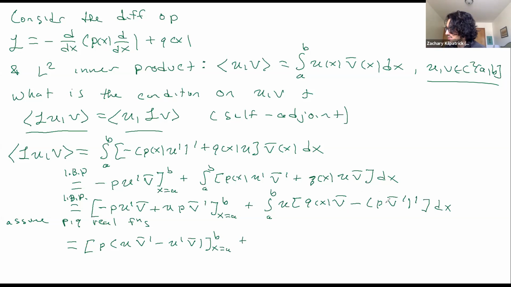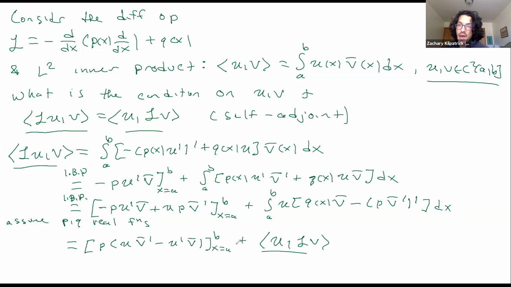And because we're assuming these are real, they won't be affected by the conjugate. So I can just write this whole thing as u inner product with L v. So everything's fine, this is equal to this, but now plus this.